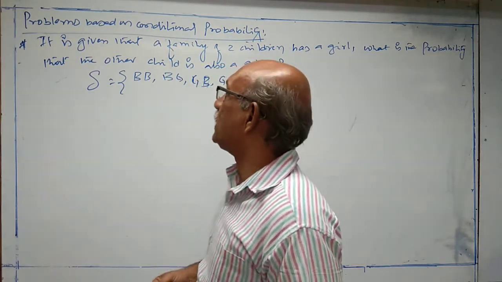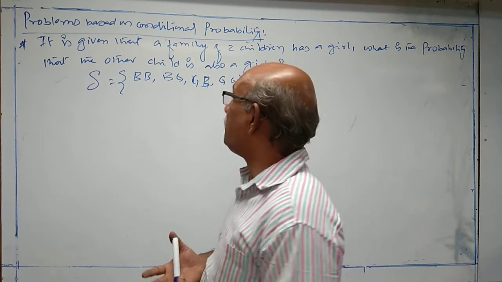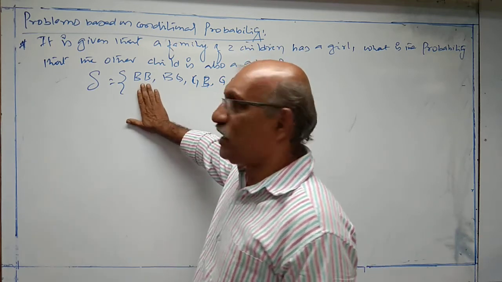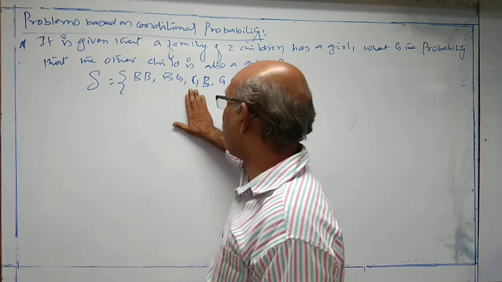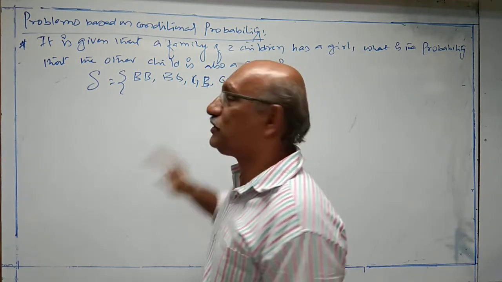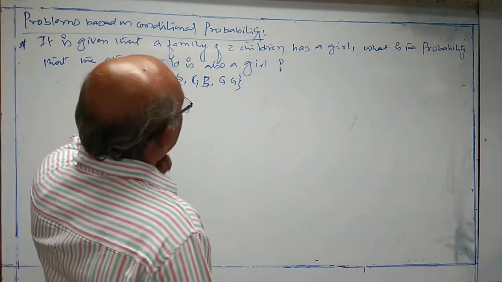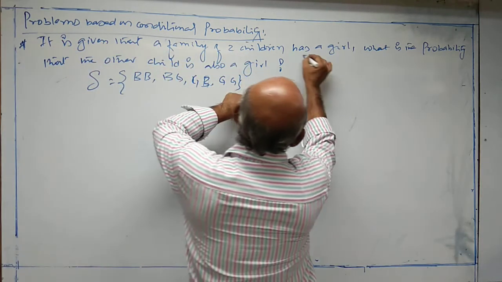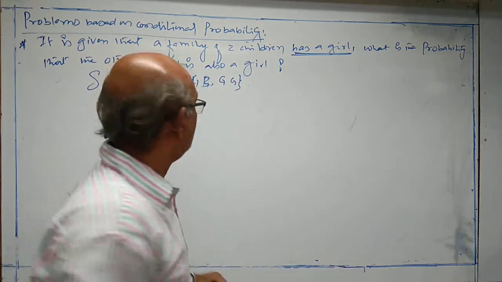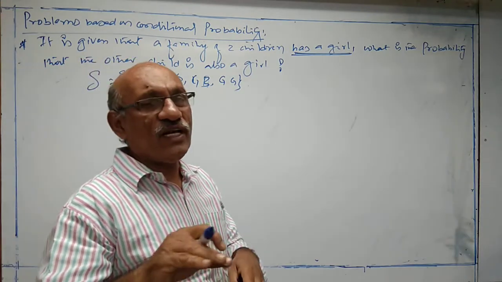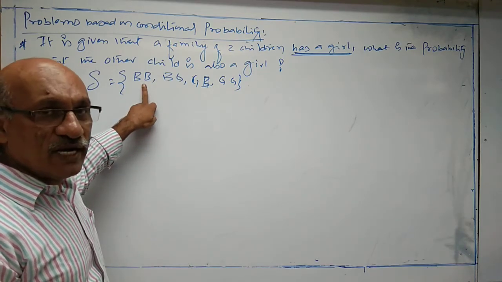First statement of the question: a family of two children. When a family is having two children, four possibilities. Both of them are boys. First boy, second girl. Otherwise, first girl, second boy, and both are girls. Okay. What is given in the question? It is given that a family of two children has a girl. It is already given they have a girl, but it is not given whether the first one is a girl or the second one is a girl. So this is the only case where there is no girl at all.